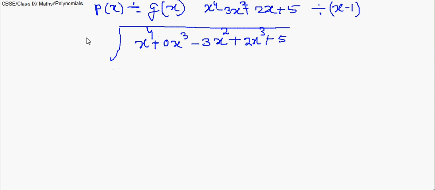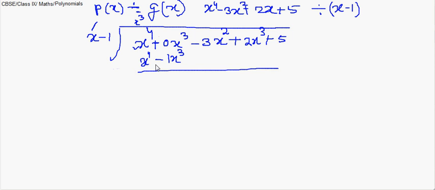Now here it is x minus 1. We are looking to keep cancelling each and every term. So the first term is x^4. If I multiply an x cube here with this whole of x minus 1, I'll be getting x^4 minus x cube. So we change symbols. Why? Because in division, to find the remainder, we subtract the bottom one from this top one.